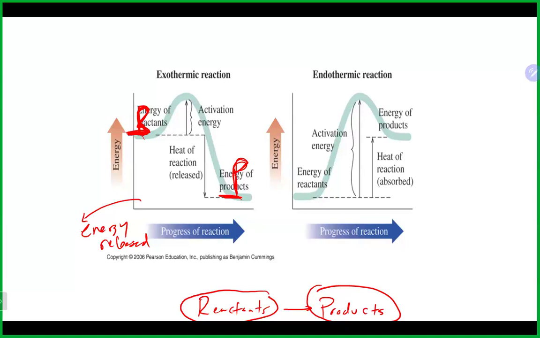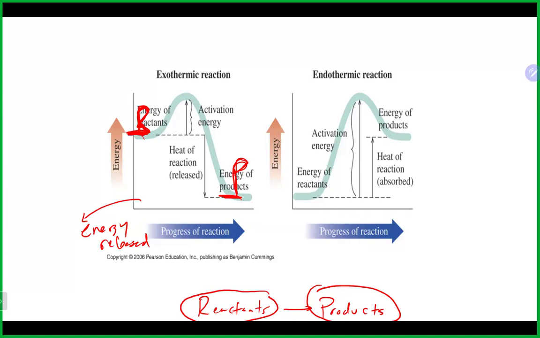The other really major thing that has to happen in order for a reaction to occur is they have to hit each other with the right amount of energy. So just because two things collide on the reactant side, it doesn't necessarily mean that products will be formed. They need to hit each other in the right spot and also have the right amount of energy.